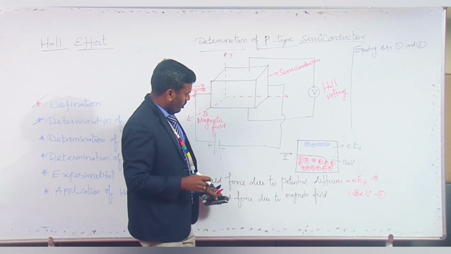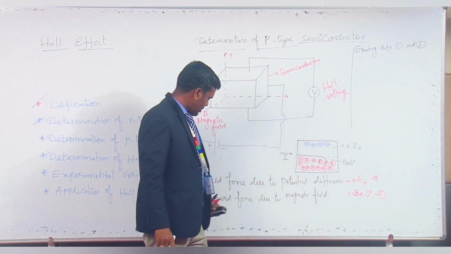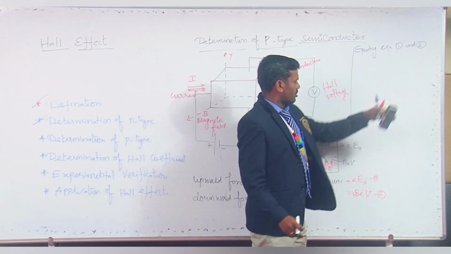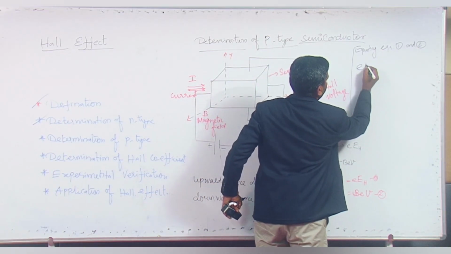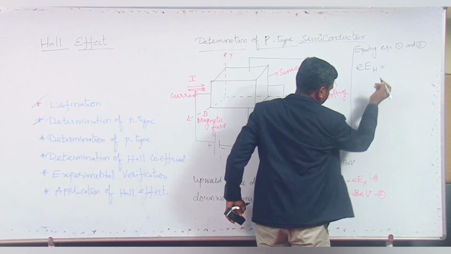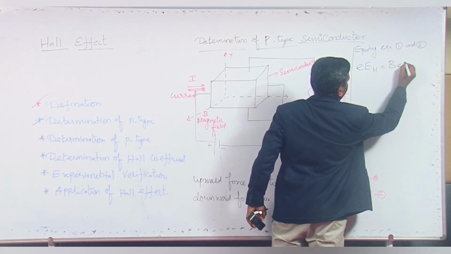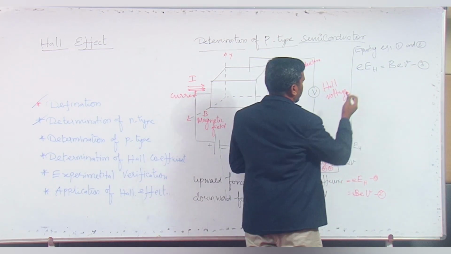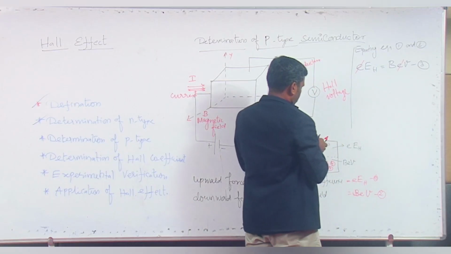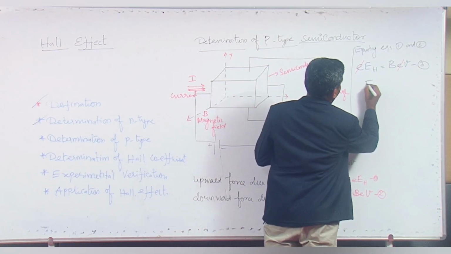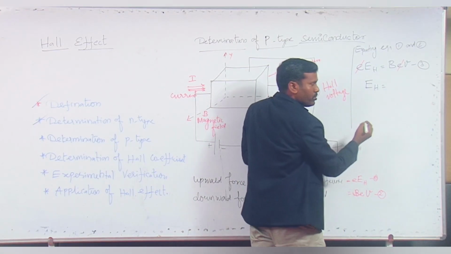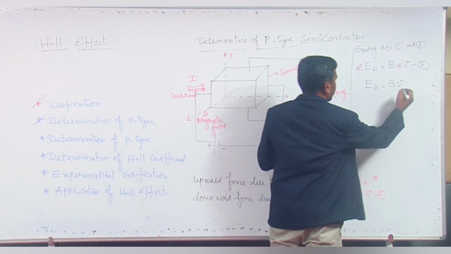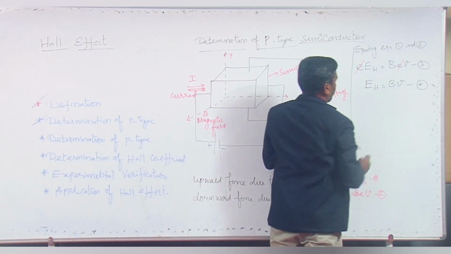Equation 1 is the upward force due to the potential difference, and equation 2 is the downward force due to the magnetic field. Equating them, EH is equal to BEV, this is equation number 3. So you can write EH is equal to BV, this is equation number 4.